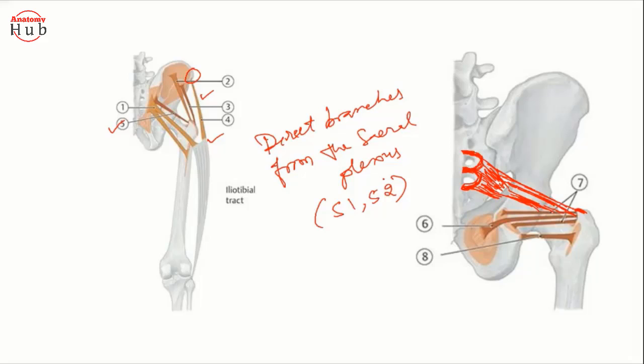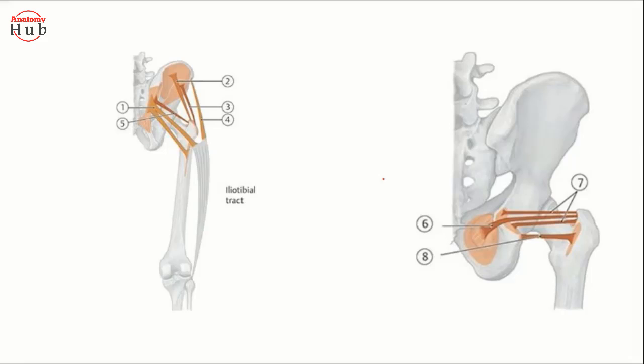Then here you will see the number 6 that you can see over here, right? So this is actually the obturator internus muscle, right?